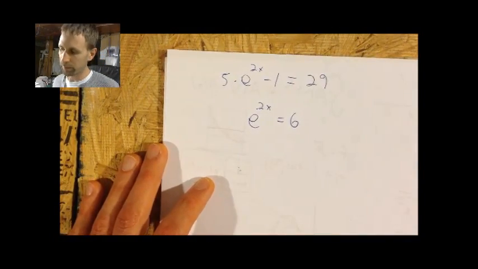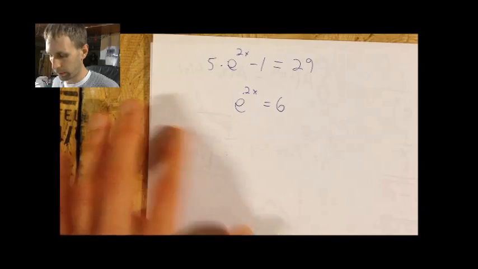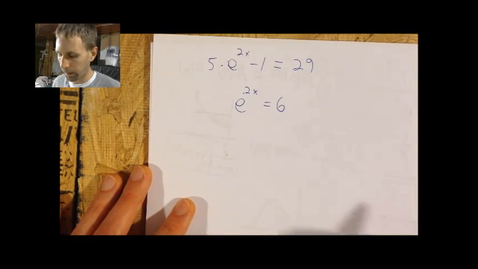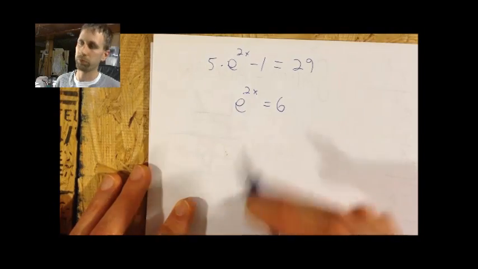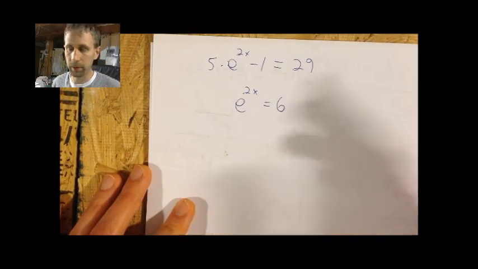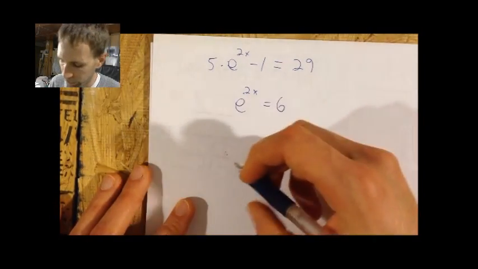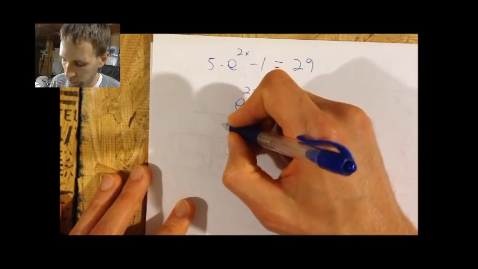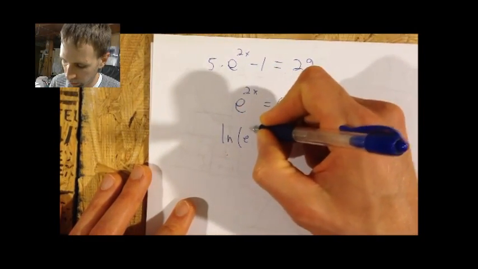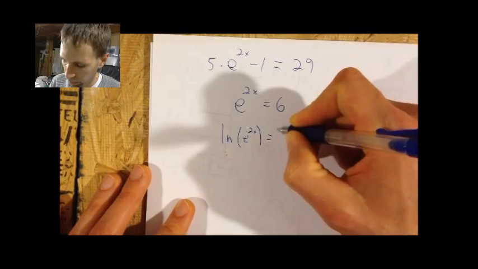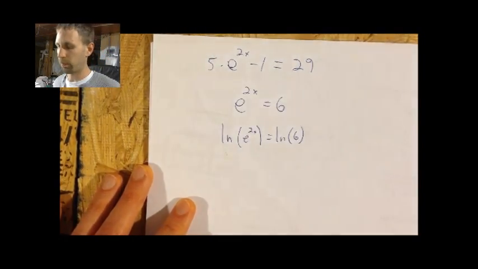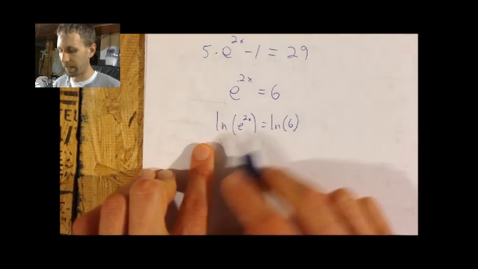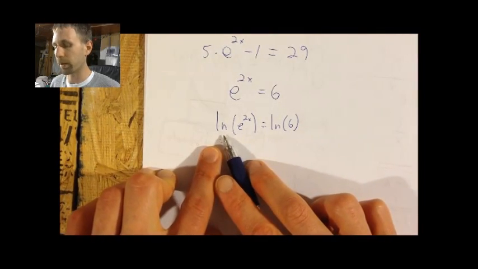Now, there are a couple of different ways of solving it from here, but we're going to go with the log way first. You have the exponential base e, so do the natural log operation on both sides, and you have ln of e to the 2x equals ln 6. And again, what happens on this side, you hit the exponential with its inverse operation.